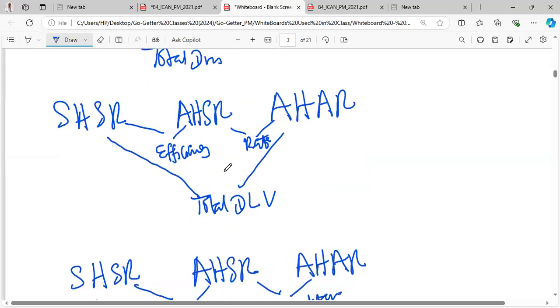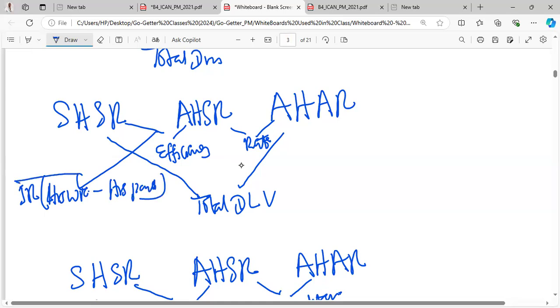Then we know here that in labor, for efficiency, we can do a separate one, and we say standard rate times hours worked minus hours paid.